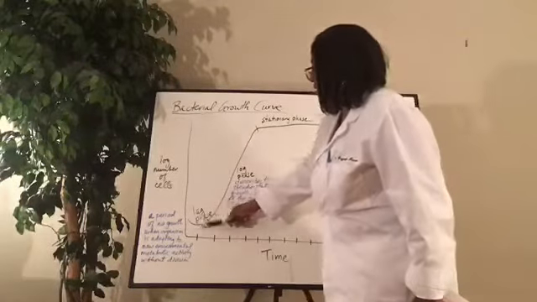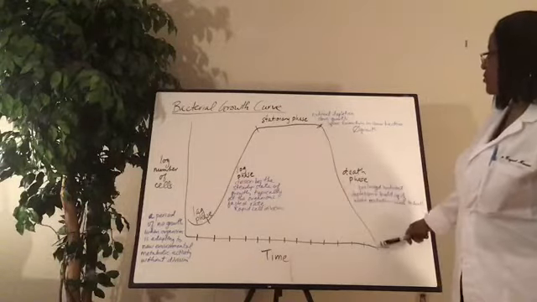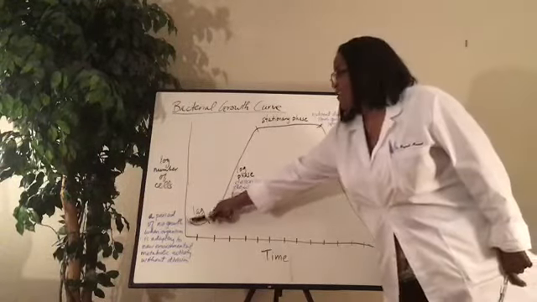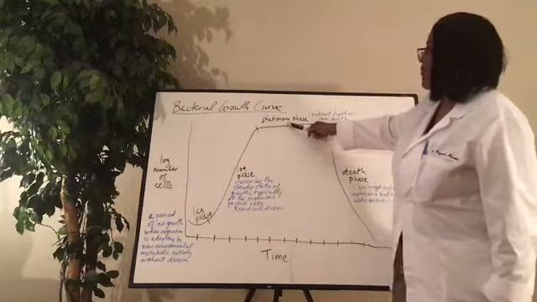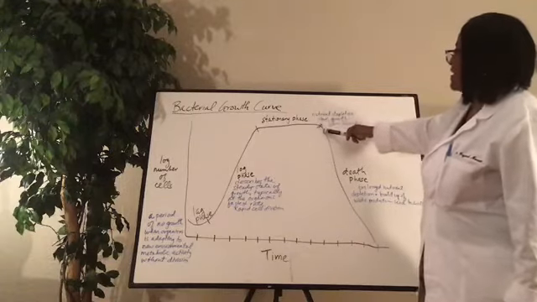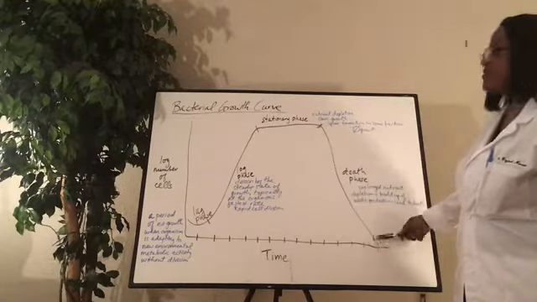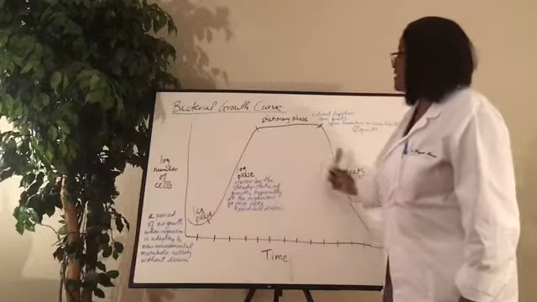Here's a lag phase going up to a log phase, evening out at a stationary phase, and then curving all the way down to what we call the death phase. So we'll see 4 phases, right?